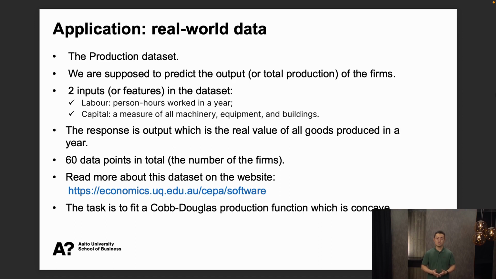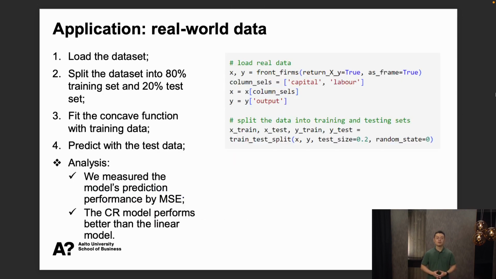We have 60 data points in total, which is also the number of the firms. If you want to know this dataset, you can open the website and read more about it. So here the task is to fit the Cobb-Douglas production function, which is concave. The first step is to load the dataset.